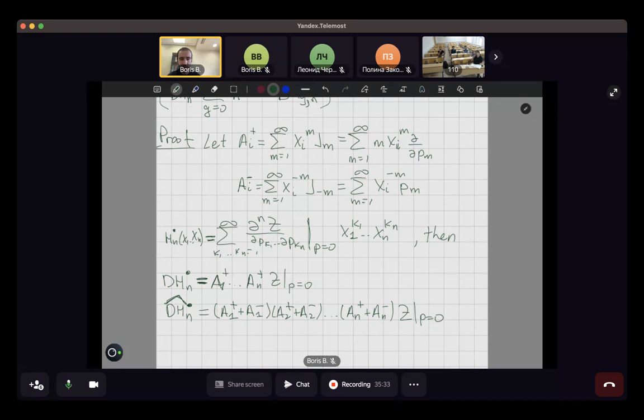И такое пока ничем не мотивированное утверждение 2: если мы возьмем два ряда, то такая сумма, d^r по dy^r, a, при y равном 0, тогда коэффициент e^{uy} b(u) равен d^r по dy^r a, умноженное на u^r b(u).